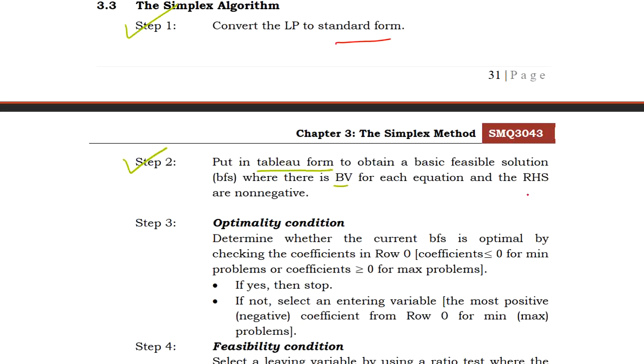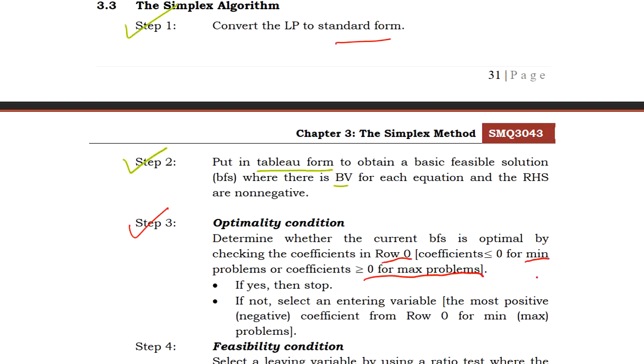Okay, in step 3, we need to check the optimality condition by looking at row 0, determine whether the current BFS is optimal by checking the coefficient in row 0: coefficients less than or equal to 0 for minimization problem, or coefficients greater or equal to 0 for maximization problems.